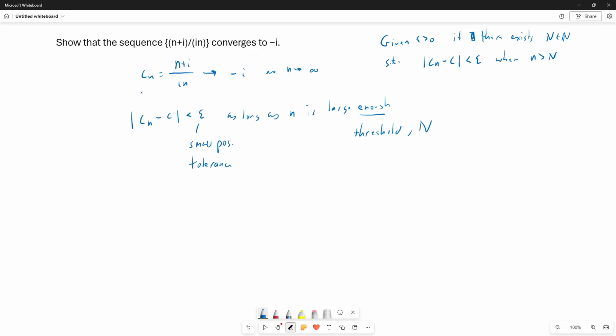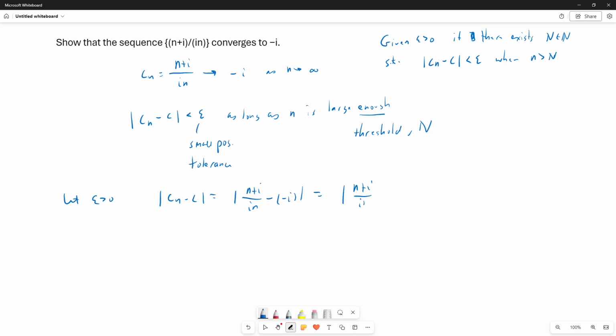In our case, c_n is this fraction and c is negative i. So we let epsilon be greater than 0, and we consider c_n minus c, which is (n + i)/(in) minus negative i, so plus i. We need the modulus of this fraction.